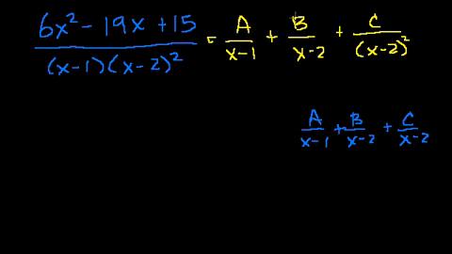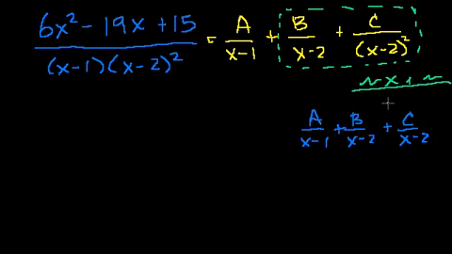And the intuition here is that if you were to ignore this term right here, but add these two terms, you would get a rational function that would end up having something times x plus something, all of that over x minus 2 squared.